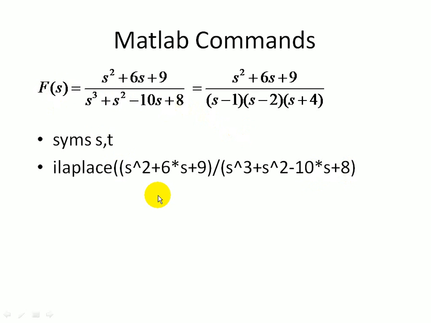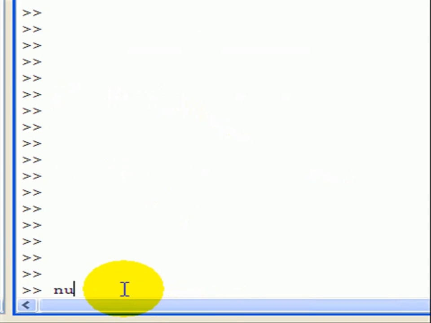And now we're going to do the MATLAB demo by going to the command window. Okay, let's input our numerator. Our numerator is equal to 1, 6, and 9. So this is s squared plus 6s plus 9.